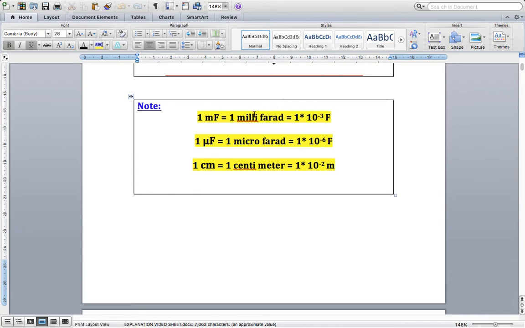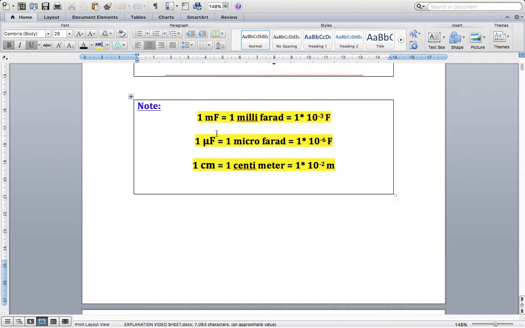Milli means 10 raised to minus 3, which means 1000, 3 zeros. So whenever you see a value with mF, like 10 mF or 20 mF, you have to replace the m with 10 raised to minus 3. If it is 10 mF, you should replace it with 10 multiply 10 raised to minus 3 farad. So this will be the correct value.